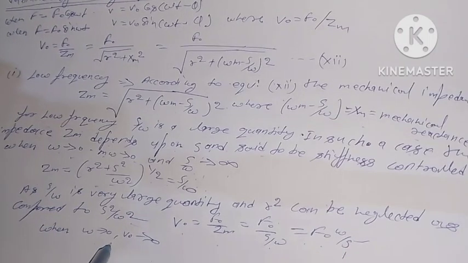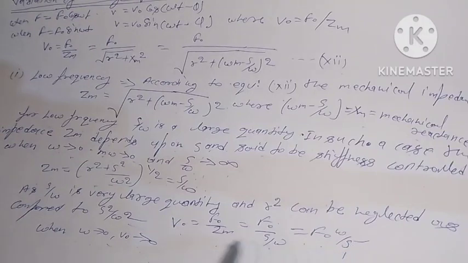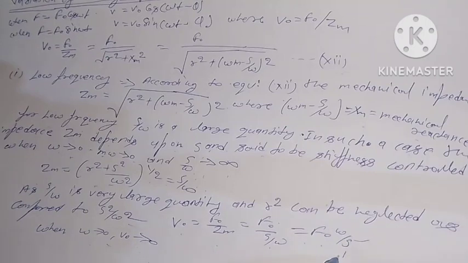When omega equal to 0, then V naught equal to 0, because the value of s is very high. Then s by omega equal to infinite, and omega by s equal to 0. Then V naught equal to 0.